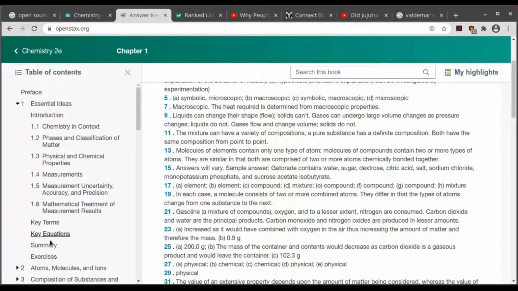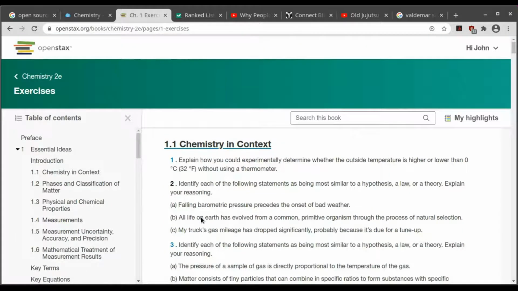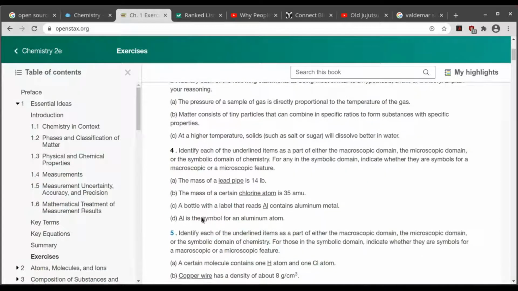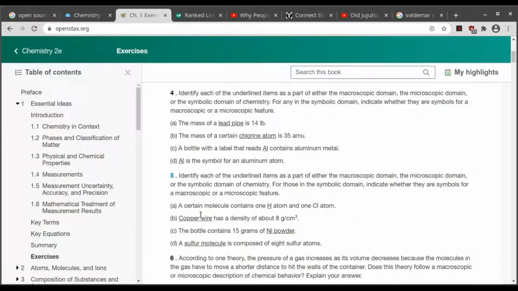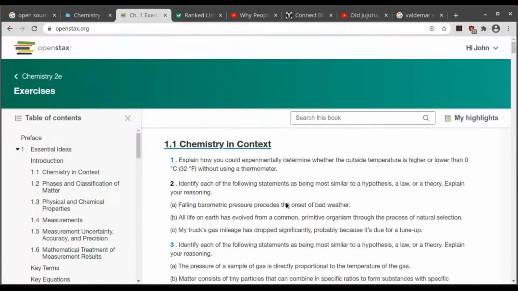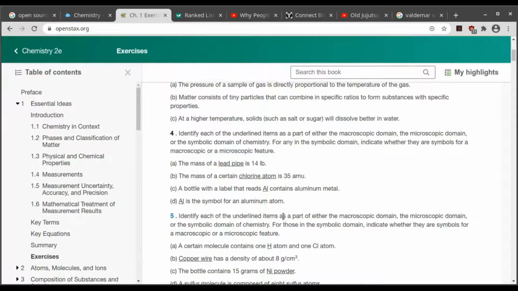Okay. So they gave you the symbols, H and Cl. But we're talking about the molecular level. And so that would be microscopic. Was this just macroscopic?